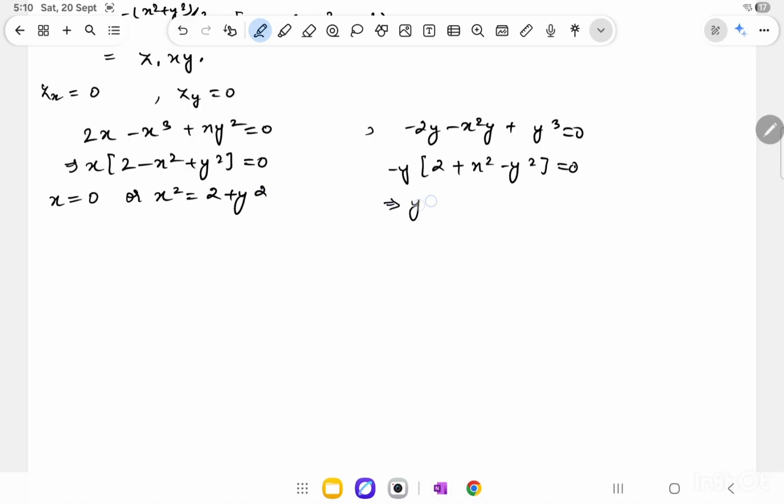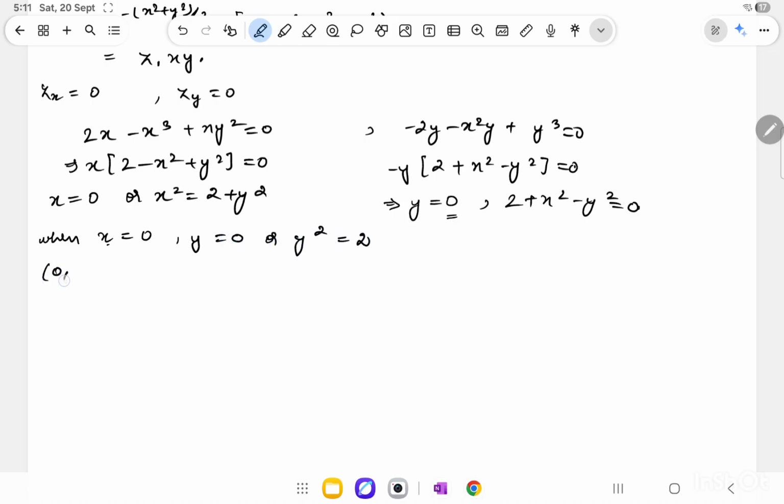And from here I'll get either y equals 0 or 2 plus x square minus y square equals 0. So when x is 0 and I substitute that here, I'll get y equals 0 or y square equals 2. So critical points are either 0, 0 or 0, plus minus root 2.